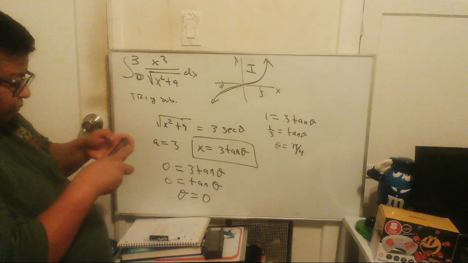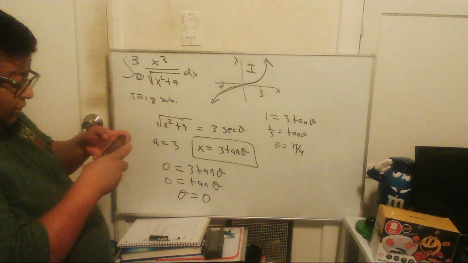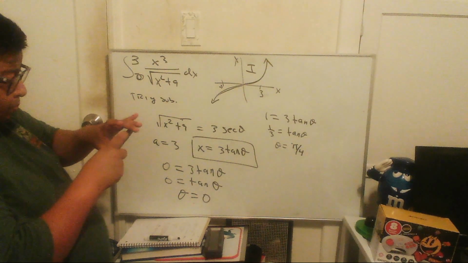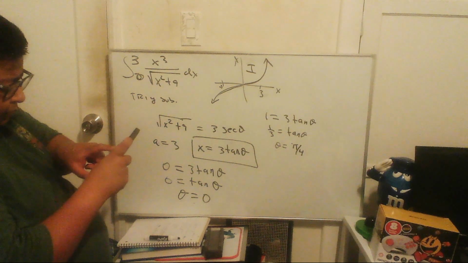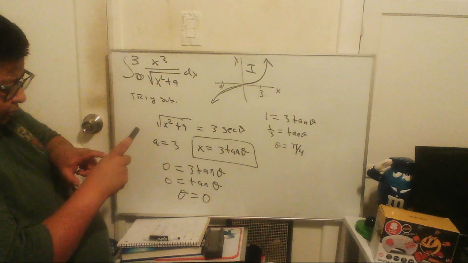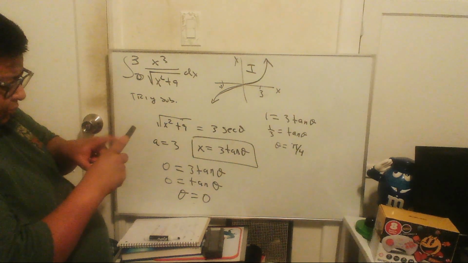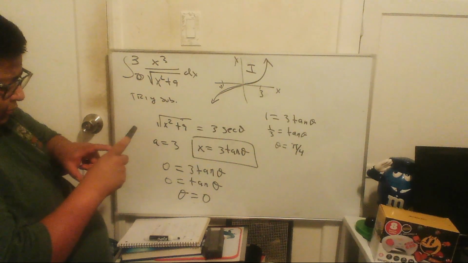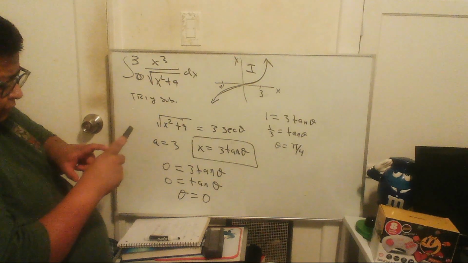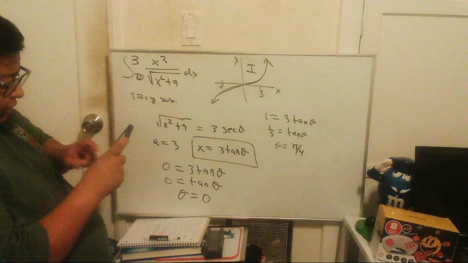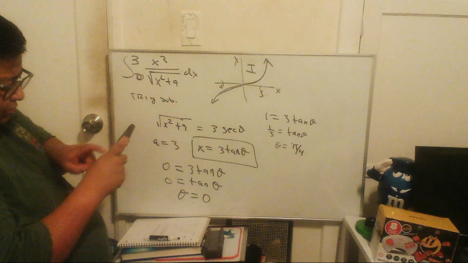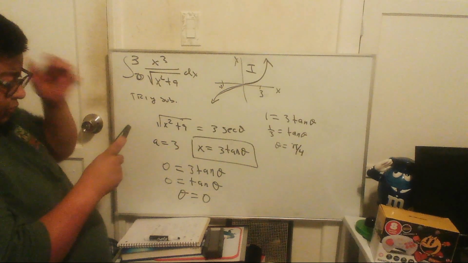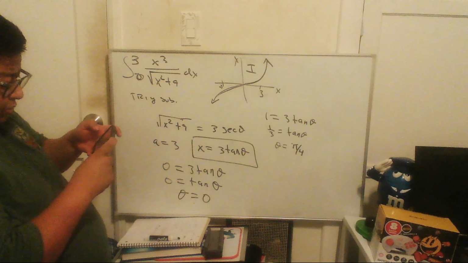We're in radians, so I put pi divided by 4, 0.78, and now I take the tangent. We're in radians. 0.25. Okay.